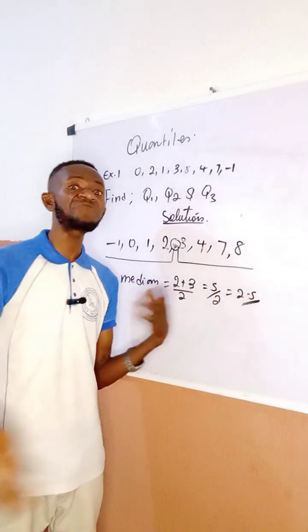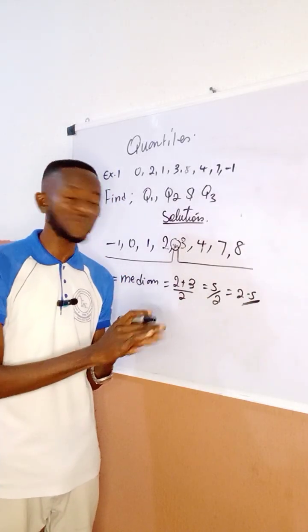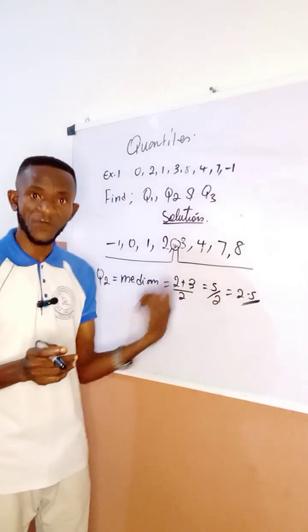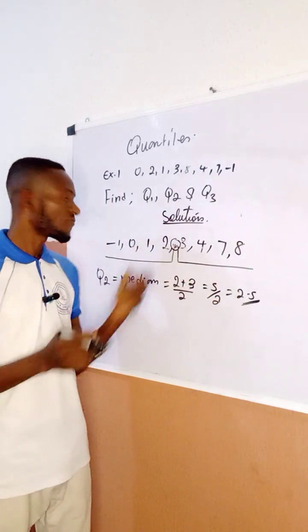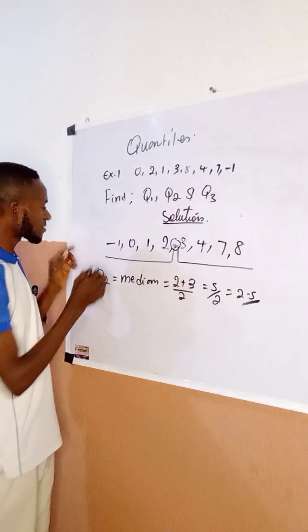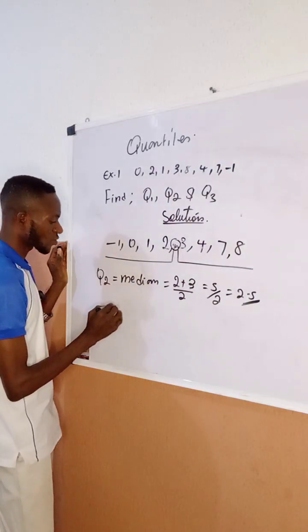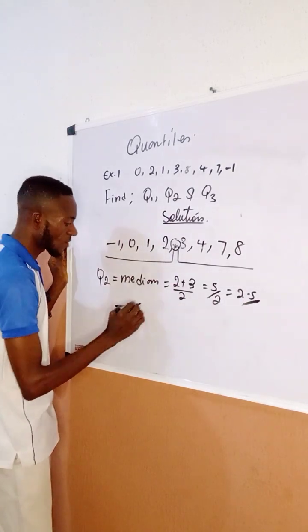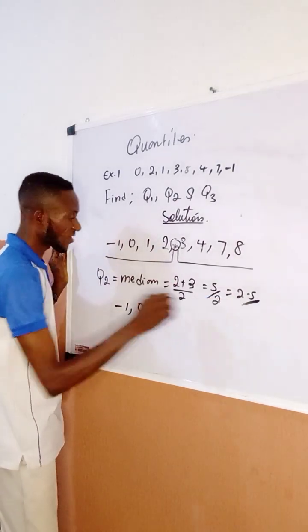And what we are saying is that half of every other data point lies under this 2.5. And then you come back here to get half of this distribution. This -1 here lies below this 2.5. This 0, of course, lies below this 2.5.